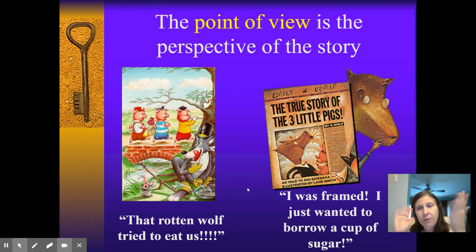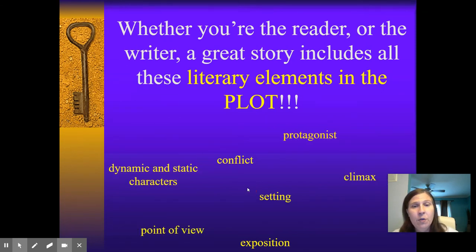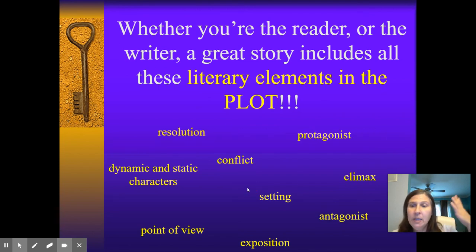And the point of view or the perspective changes. Again, whether you're the reader or the writer, there are all types of literary elements. These are a few of the ones I just talked about. These are all things that we need to know when we talk about the plot of a story.